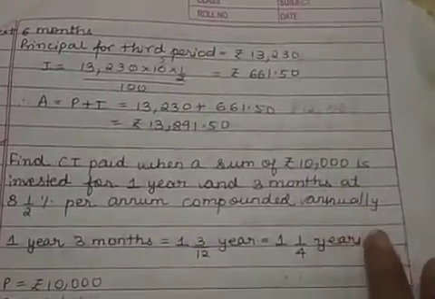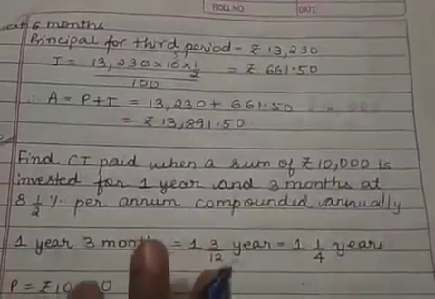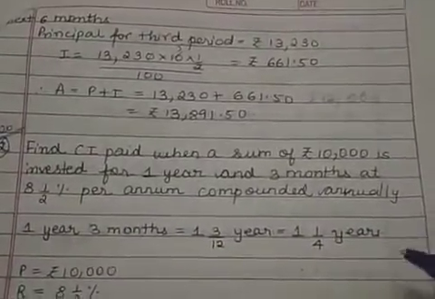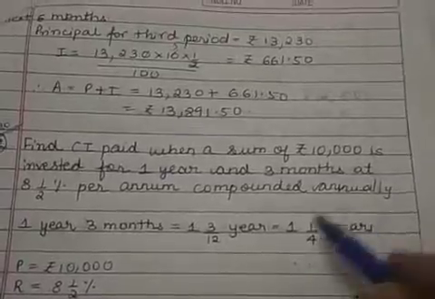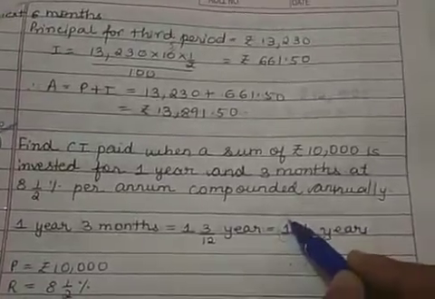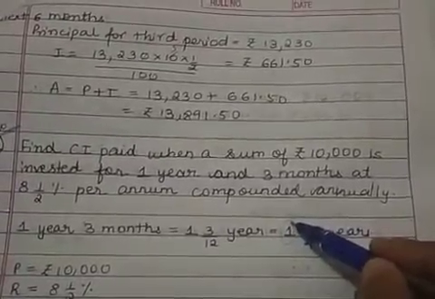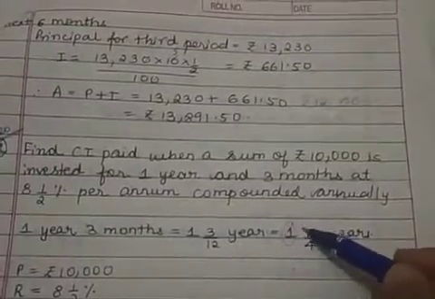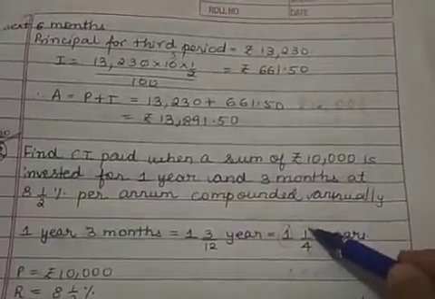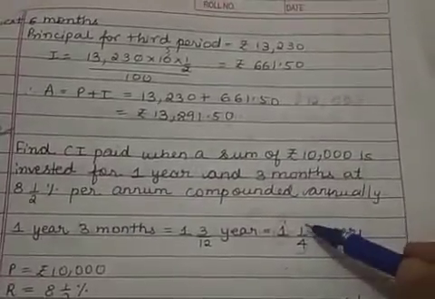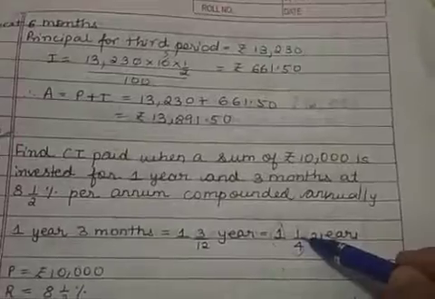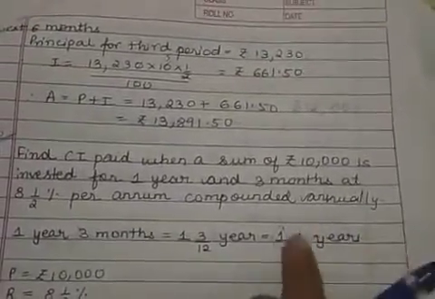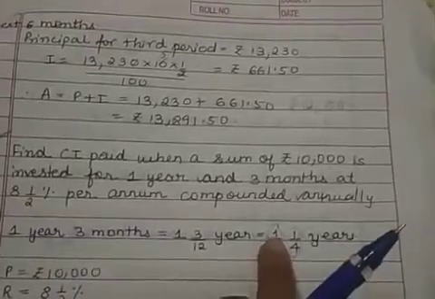When we have to find the compound interest for this time period, first we find compound interest for 1 year. Then for the next 1/4 year we find simple interest, and for this the principal we take is what we get after finding compound interest for 1 year.